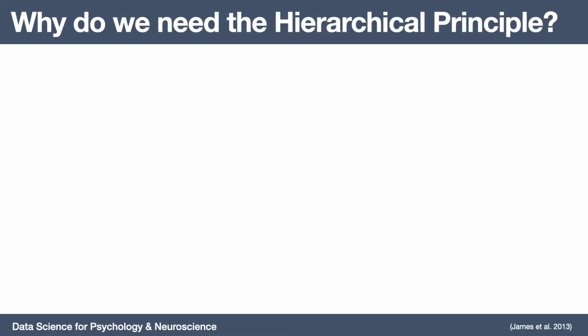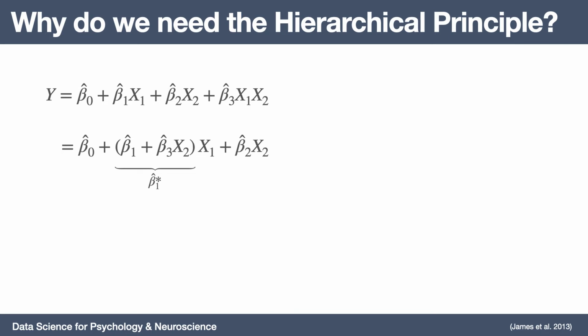Why do we need this hierarchical principle? Well, let's do a thought experiment here. Let's say that I have a regression model with an interaction term. So x1, x2, and then the interaction term x1 times x2. Let's rewrite this equation to just look at the combined x1 effects.